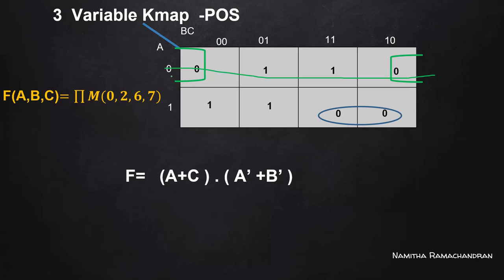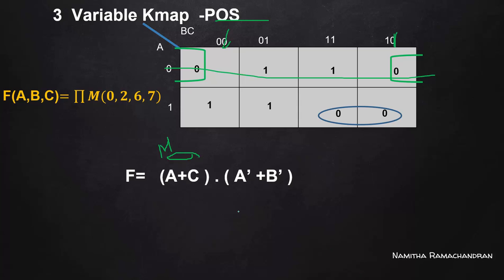That means A with value 0 is common, so represent the original form of A, that is A. Column wise, which one is common? C with value 0 is common for these two zeros. C with value 0 means we need the original form of C. So combine these two terms using logical OR operation. This is the first max term.